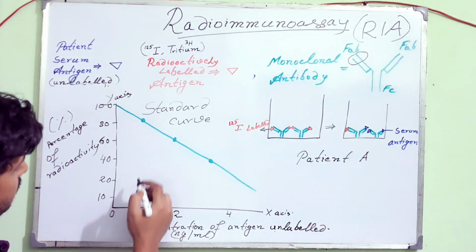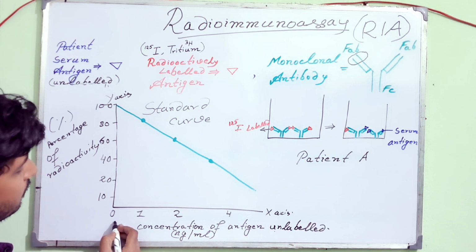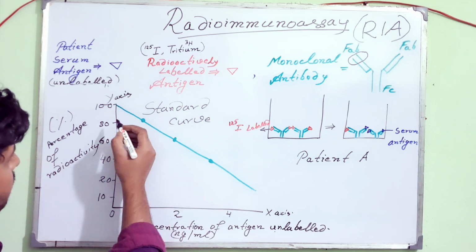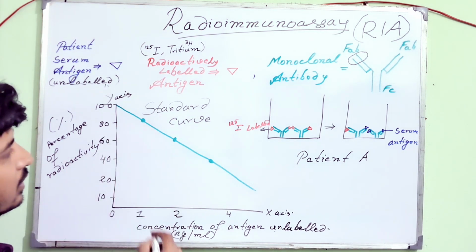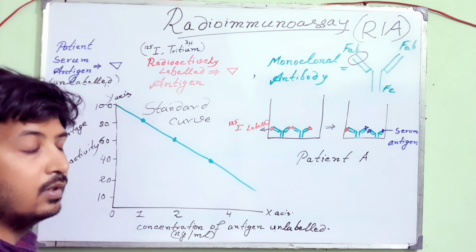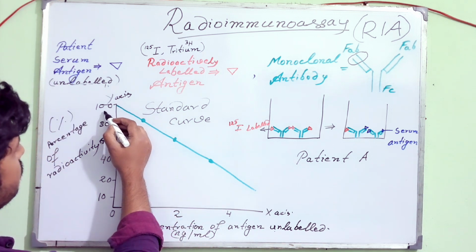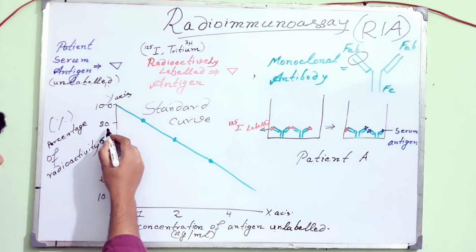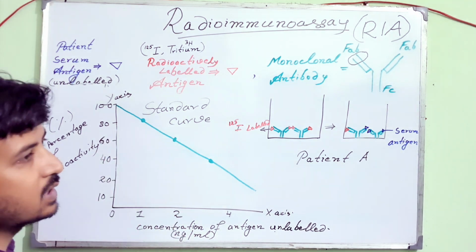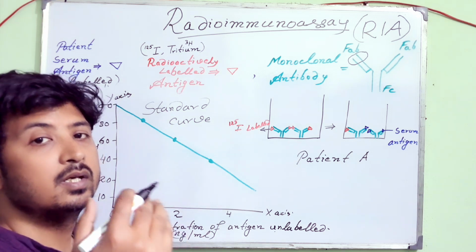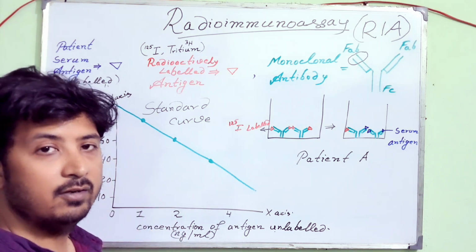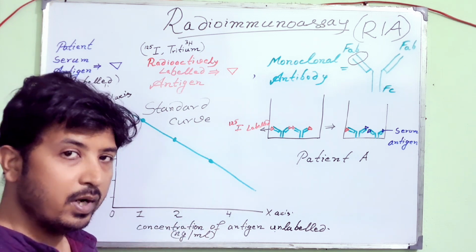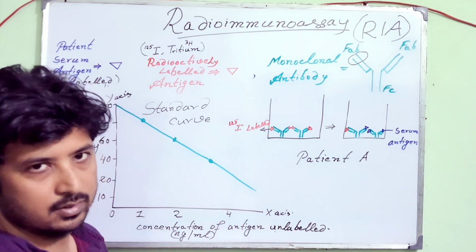Now, as I have shown, 0 nanogram per ml of unlabeled antigen replaces none of the radioactively labeled antigen. That's why the radioactivity shown was 100%. In the second well, 1 nanogram is given, and radioactivity reduced to 80%, because some of the radioactive antigens left the antigen binding sites of the antibody fragment, and that site is occupied by this unlabeled antigen.